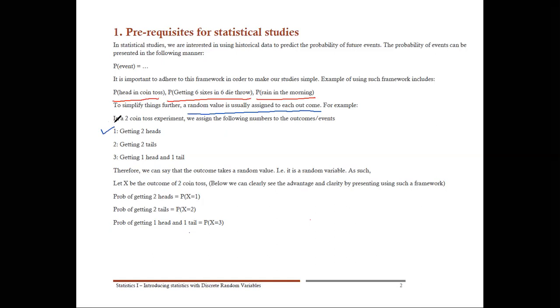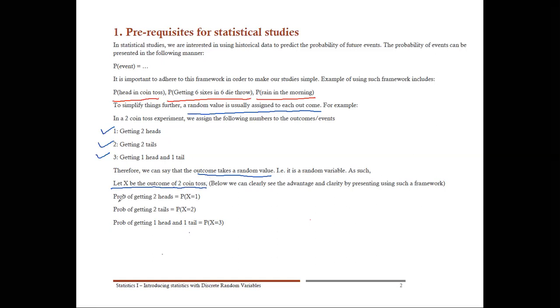1 is getting 2 heads, 2 is getting 2 tails, 3 is getting 1 head, 1 tail. Okay, so therefore we can say that the outcome takes a random value. Okay, it can be 1, 2, or 3. All right. So if we let the outcomes take a certain value, so X itself is defined to be the outcome.